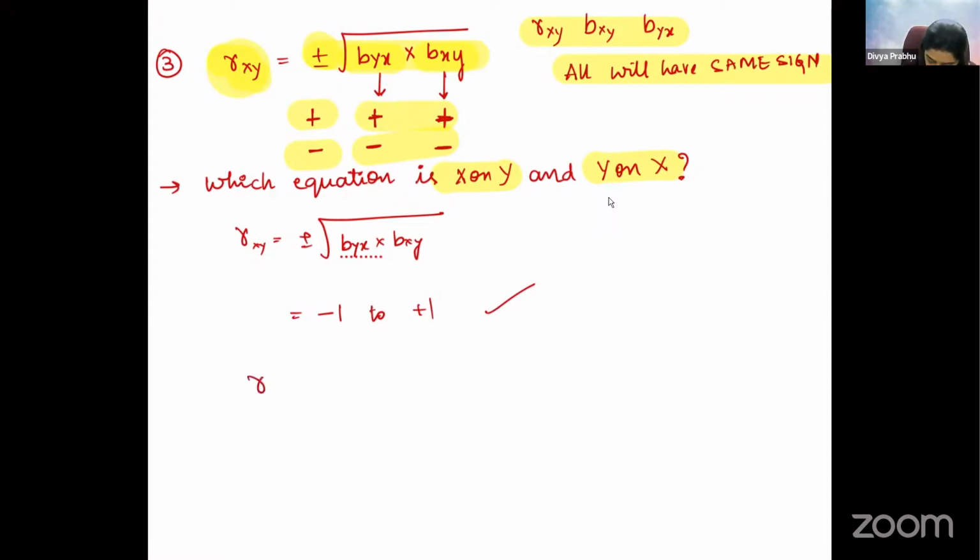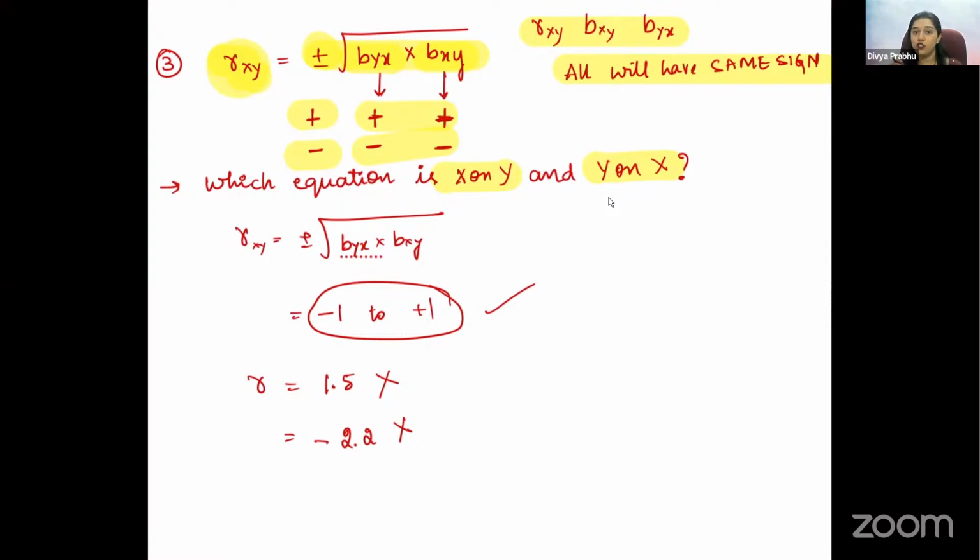But let's say the r value comes beyond this range, for example, say r is 1.5, which is beyond +1. In this case, your assumption is wrong. Or let's say the value of r is -2.2, which is also beyond -1, then also your assumption is wrong.